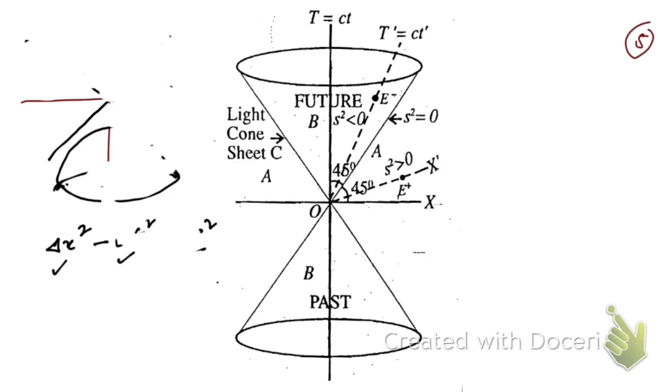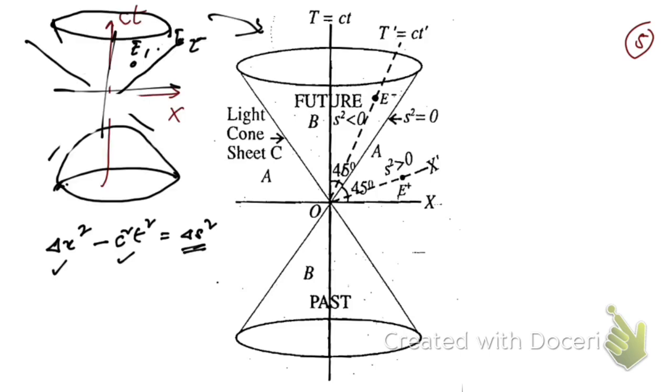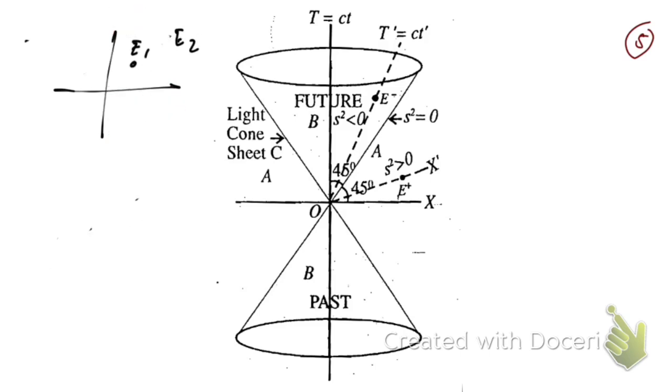Now what we have done in this explanation is consider two events, E1 and E2. One event is taking place at the origin, suppose 0, 0, 0, right?